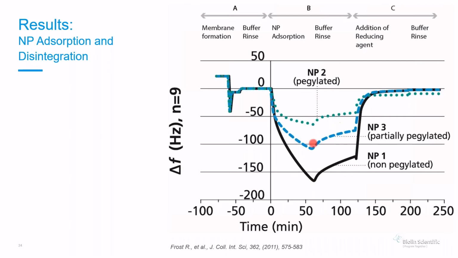When we rinse, we see that we lose some of the nanoparticles from the surface because we have this increase in the frequency. And then during addition of the reducing agent, they also dissolve and release all the drug.